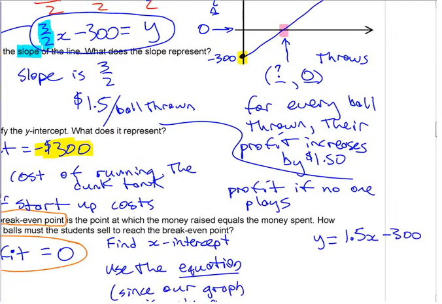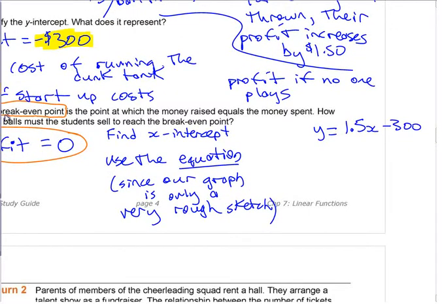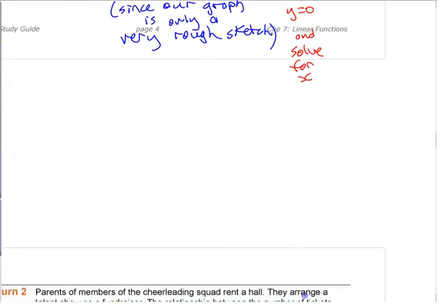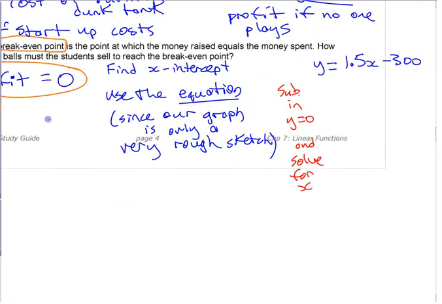So you can substitute y equals 0 into the equation, and then solve for x. That'll tell you the x-intercept. If you want to find the x-intercept, put y equals 0. If you want to find the y-intercept, put x equals 0.